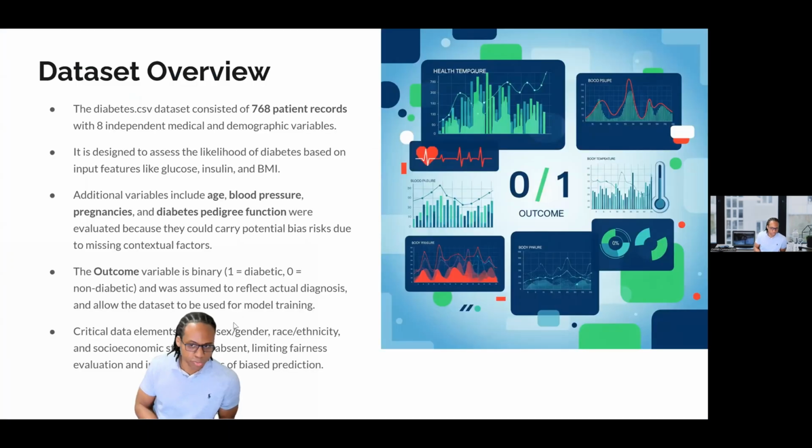One of the interesting things we noticed as we were looking at the dataset overall was that the diabetes dataset had over 768 patient records. And in looking at that CSV file, we found that there were a lot of factors, variables that would help make it easier for someone, as we were doing our analysis, to determine if someone had the likelihood of having diabetes based off of various factors.